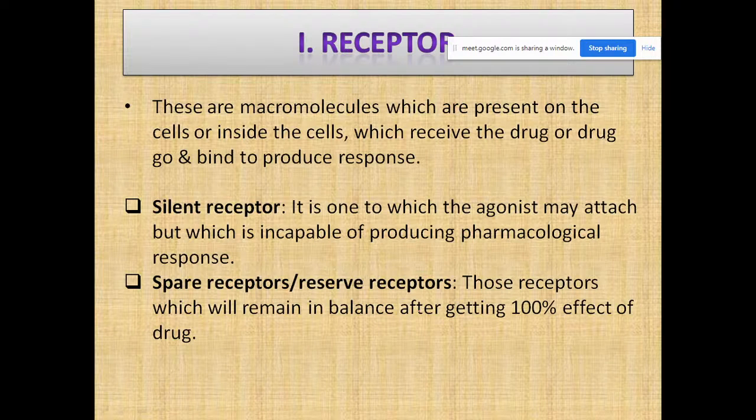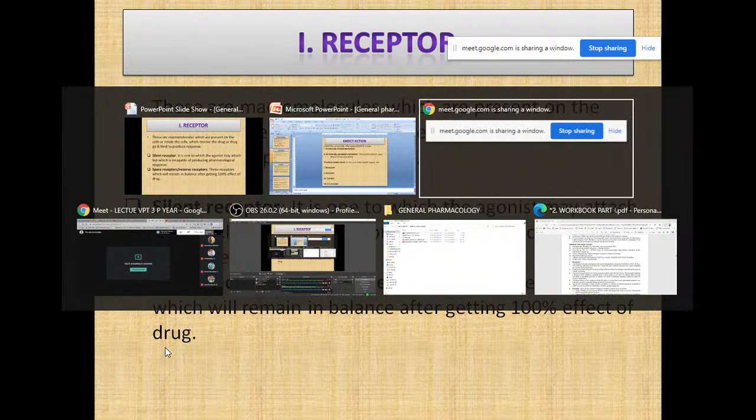So these are the macromolecular components of the cells which are present either on the cell, in the cell, or through the cell, which receives the drugs or which binds with the drugs to produce the therapeutic response. So this is the common definition of receptors.